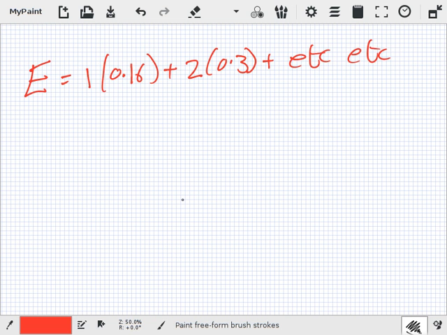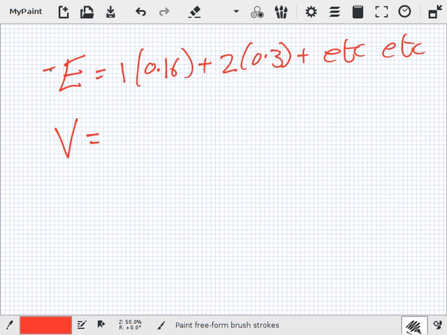Okay, now, how do I get V? Look at the formula. The V, you can use this formula. What's that symbol? Mu. Then mu is also called E. It's the same meaning.